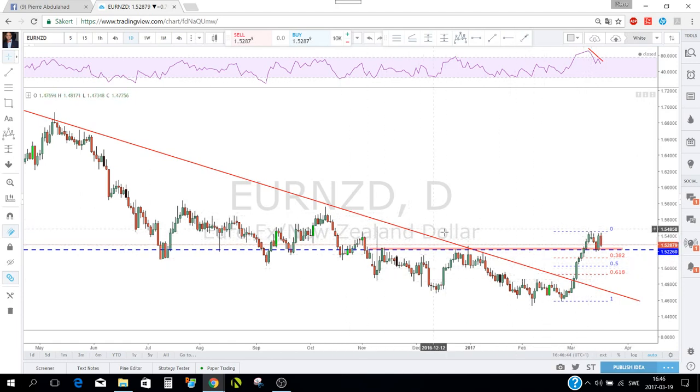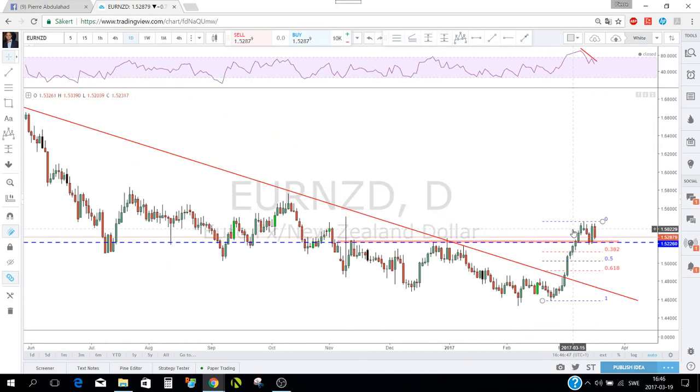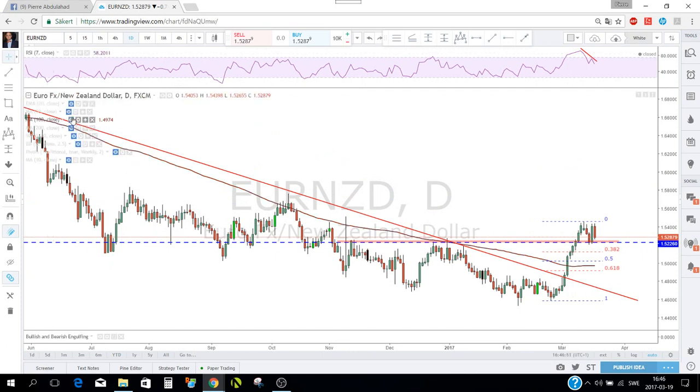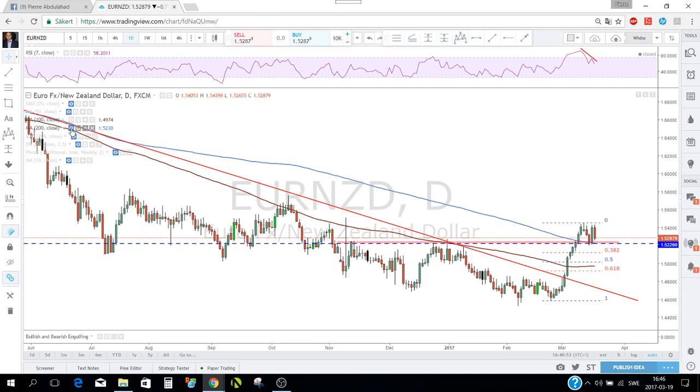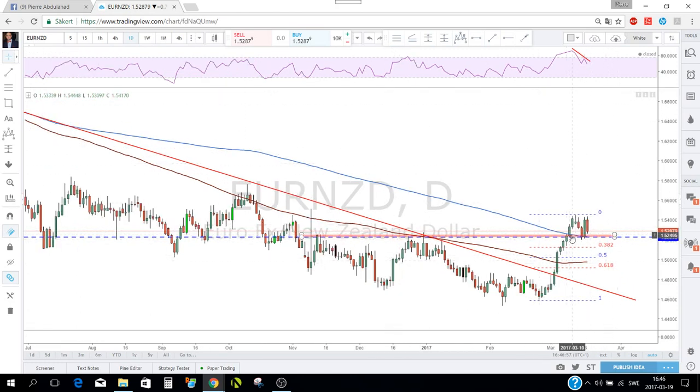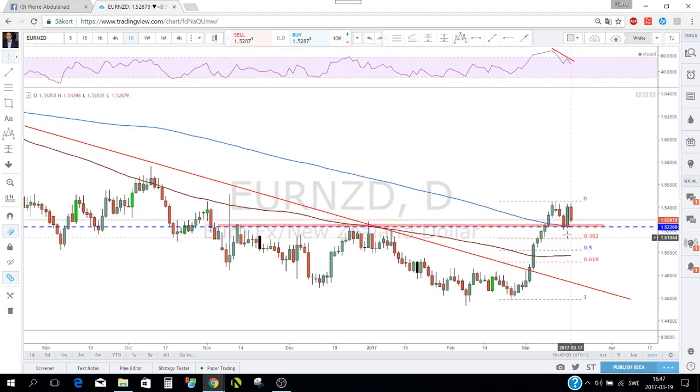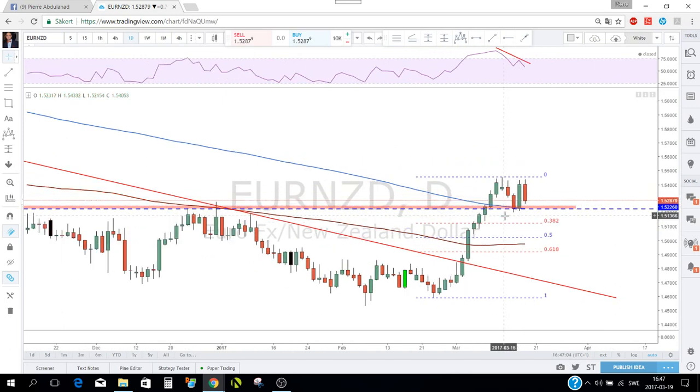We did break this down move, and as you see, we did also break the 100 moving average, and last week we did break and close above the 200 daily moving average. Let me make this a little bit bigger.